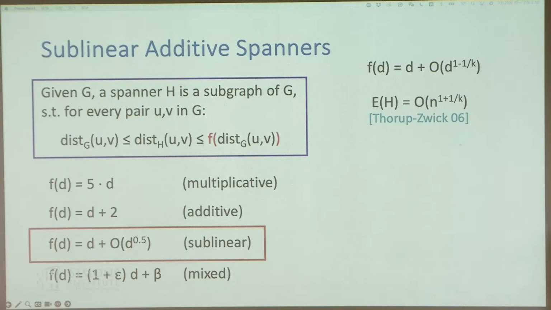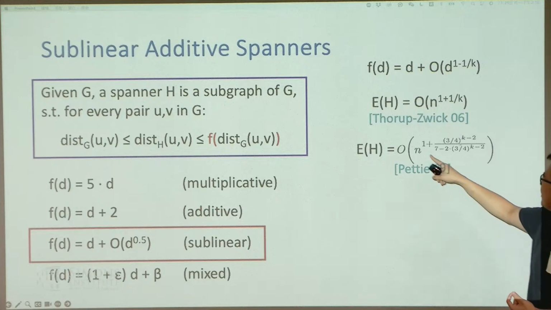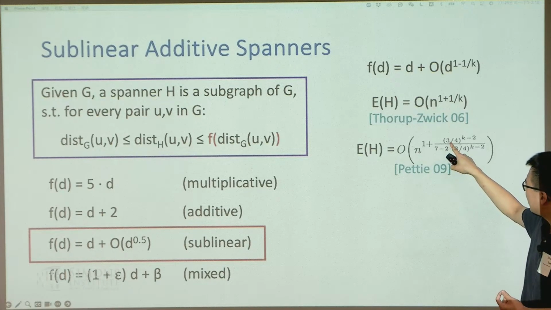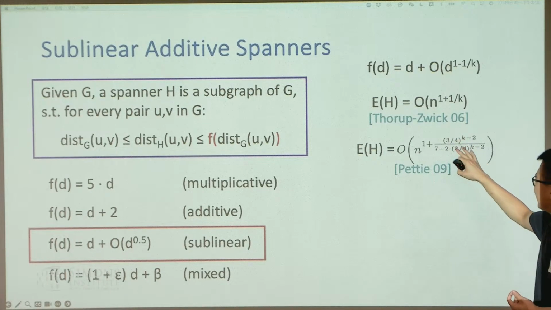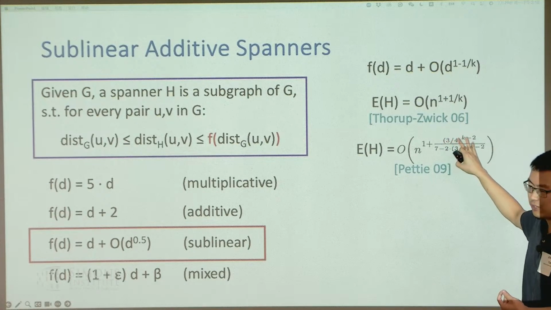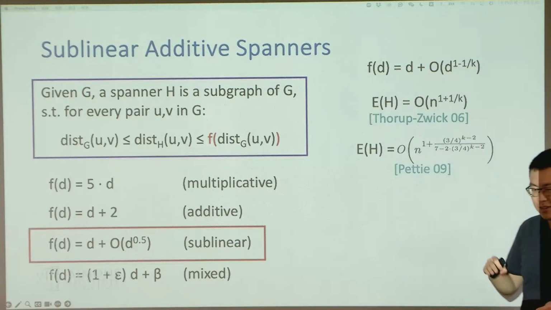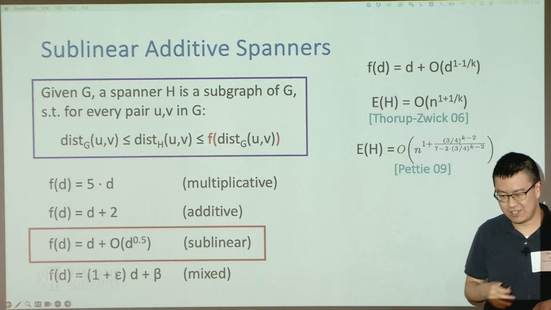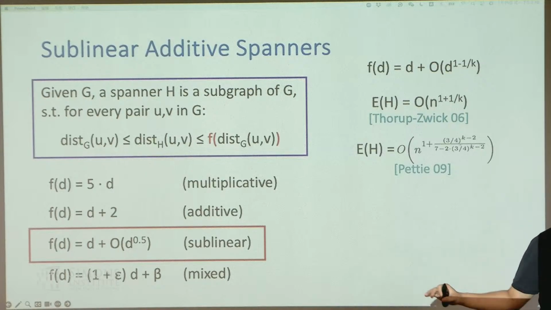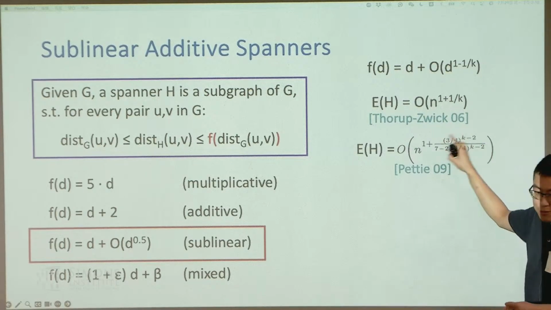The first result by Thorup and Zwick says that we can achieve n to the 1 plus 1 over k. Then it was improved by Pettie, saying that the additive factor is exponential in k: the exponent is 3 over 4 to the k. So it's not shrinking as 1 over k, but exponentially small with k. Can everyone clearly read this?